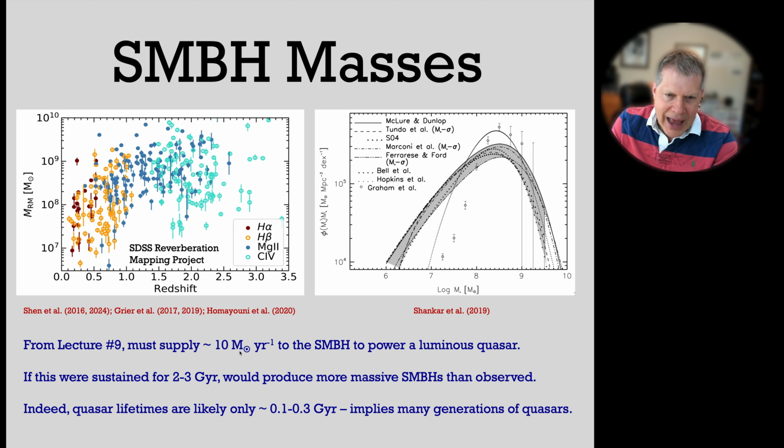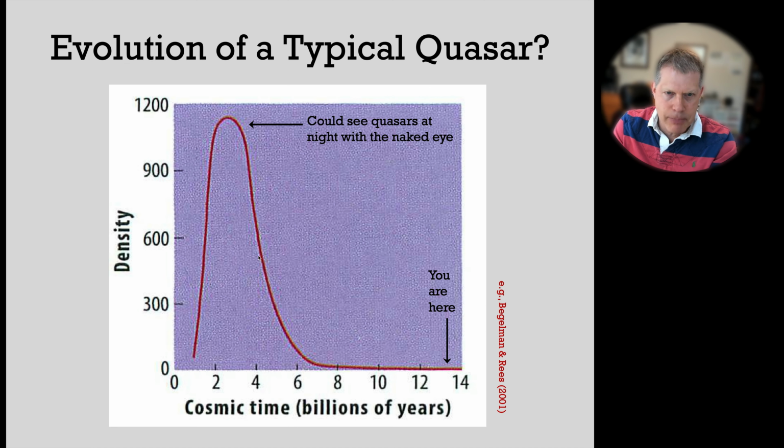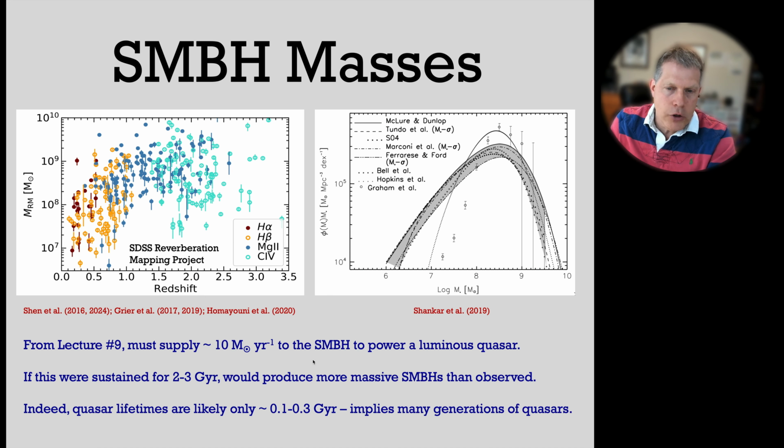You have to supply that kind of mass to the supermassive black hole's event horizon to keep a luminous quasar powered. And, well, if that sort of accretion rate were provided for 2 to 3 billion years, corresponding to this span of time here, well, you would produce black holes that have 20 billion, 30 billion times the mass of the sun.